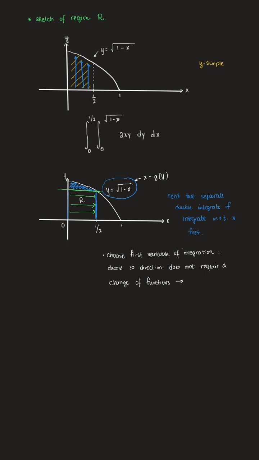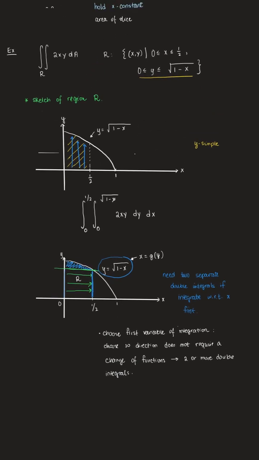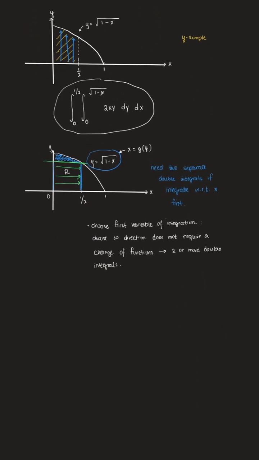It's doable, but that would lead to two or more double integrals, and that can be a little bit messy. So my advice is to choose the first variable for integration. First, check that you're always between the same two functions within your region. All right, so let's return to our integral and let's solve it, and that will wrap up this video.